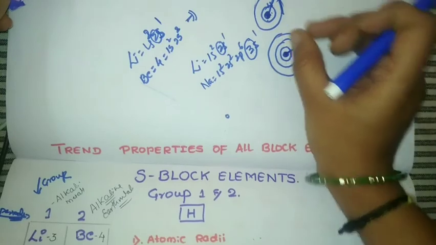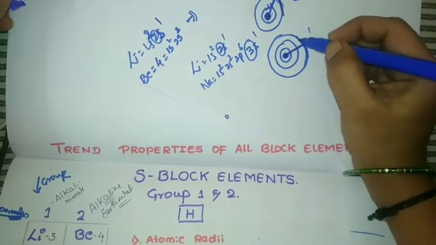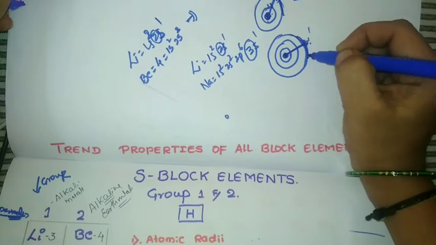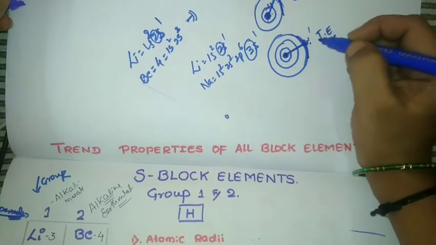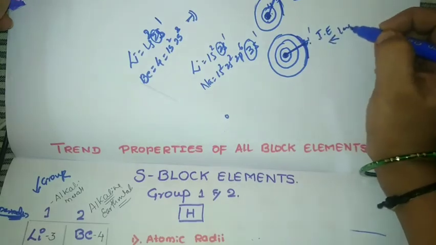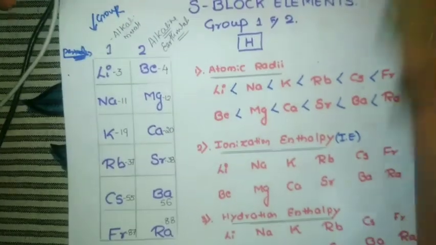So compared to lithium, the effective nuclear charge here is a little less, so I can remove this electron. The ionization energy that I give to remove this electron is a little less compared to lithium.